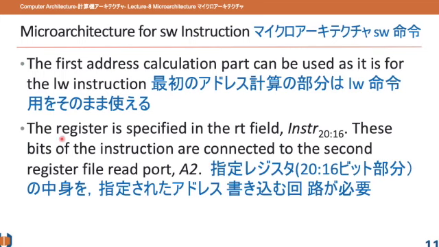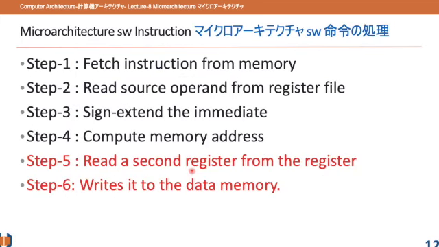Then the register is specified in the RT field, bit numbers 16 to 20 of the instruction. These bits of the instruction are connected to the second register field, port A2. So these are the basic steps.